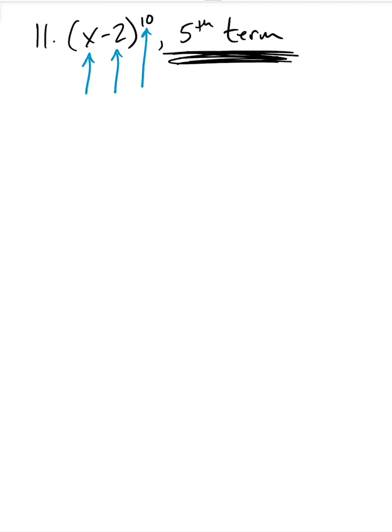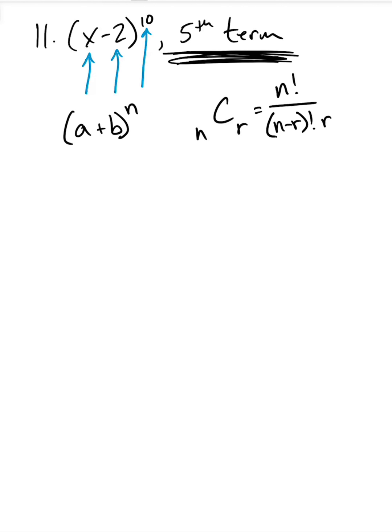If you recall the general formula for binomial theorem, you have (a + b) raised to an n power, and n choose r equals n factorial over (n - r) factorial times r factorial.